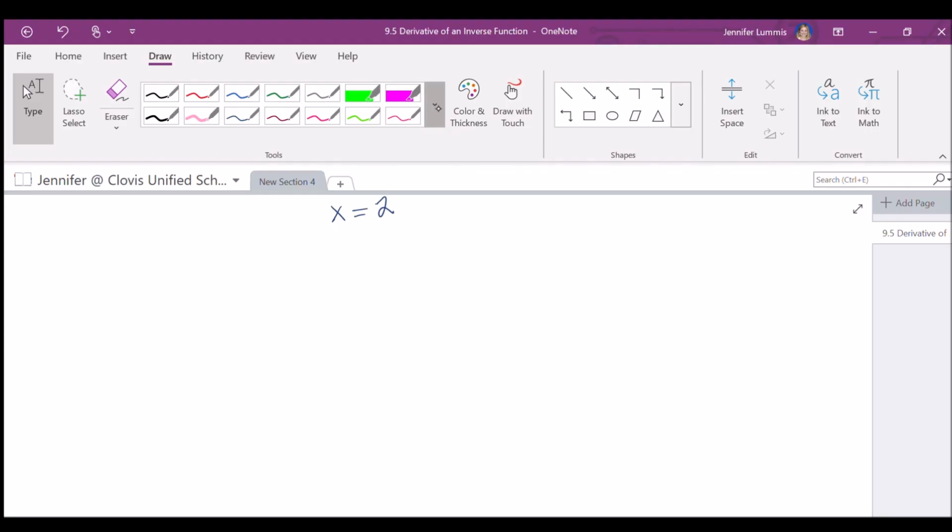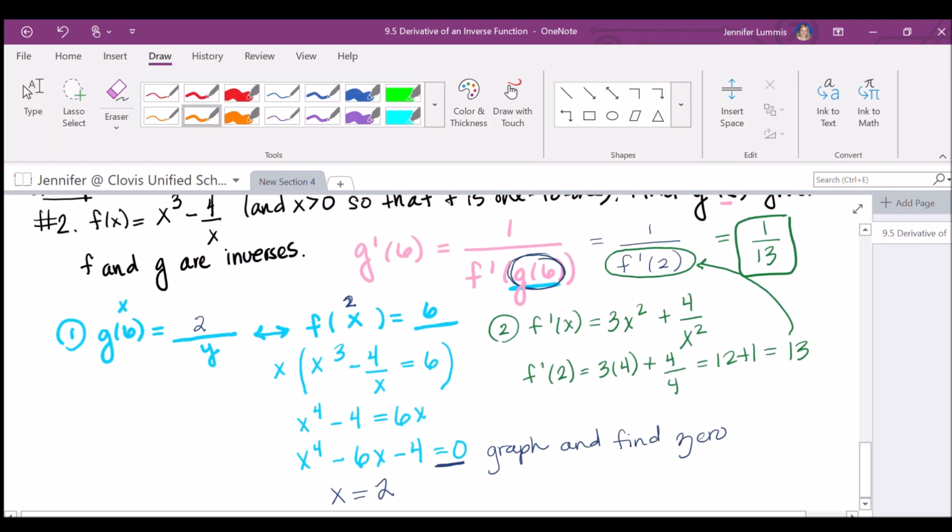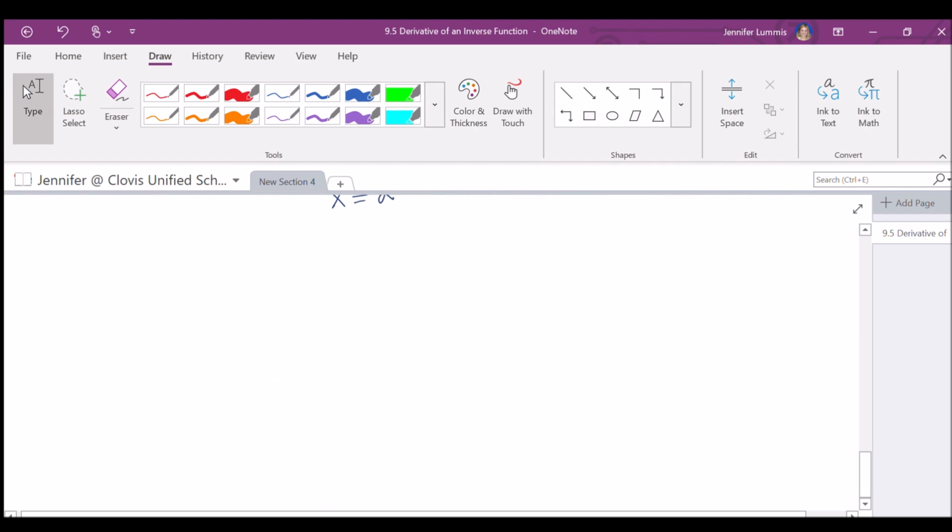The last thing that I have to show you is really just a definition of this word monotonic. You'll see things that say a function is monotonic decreasing, or maybe monotonic increasing.